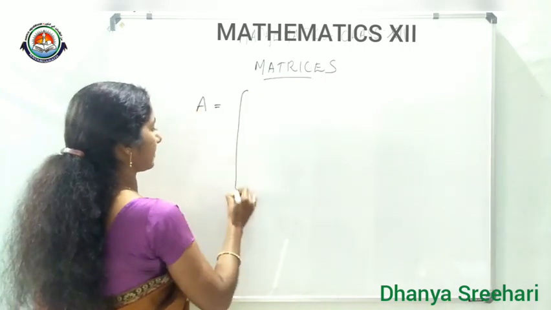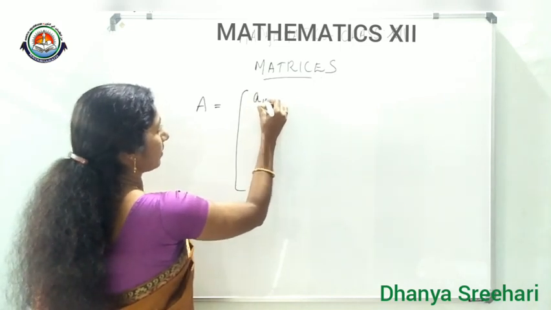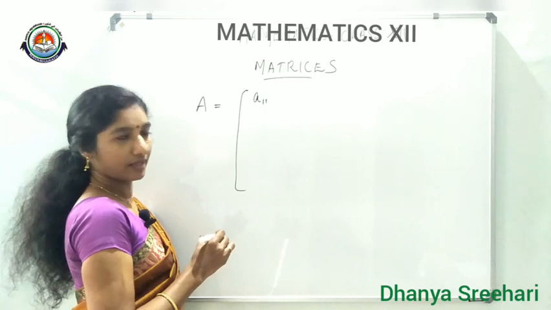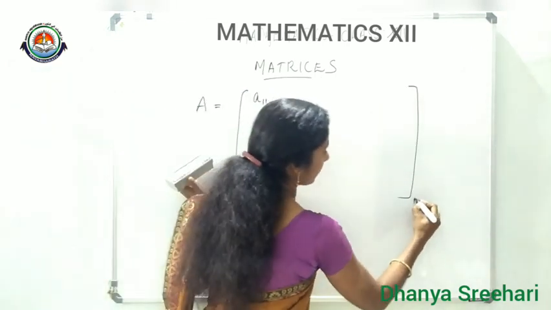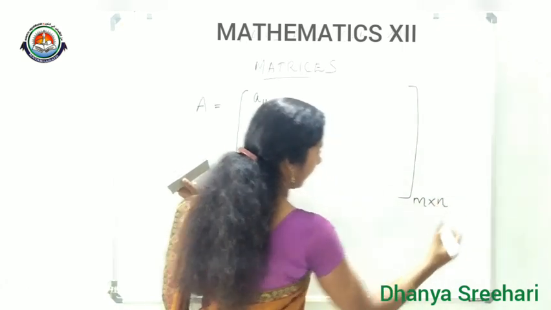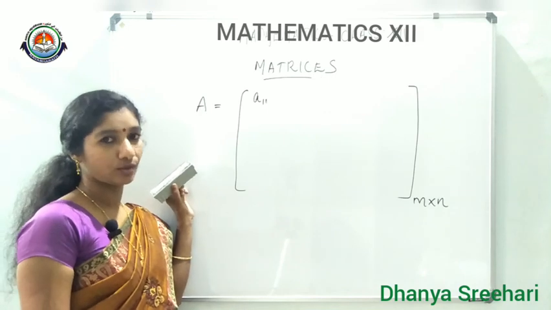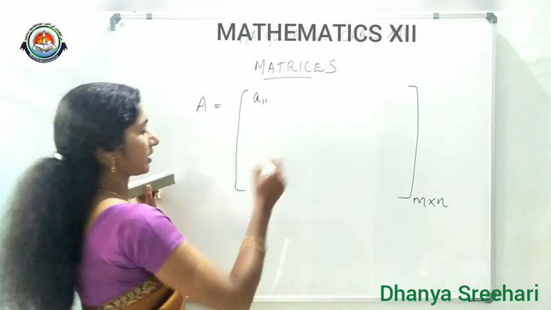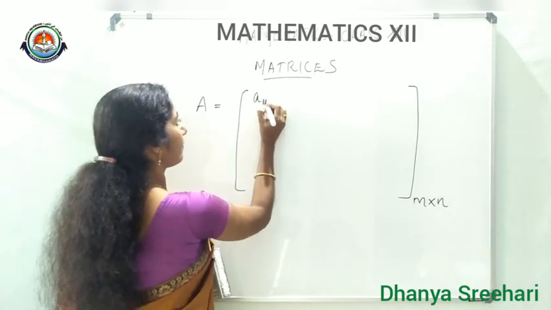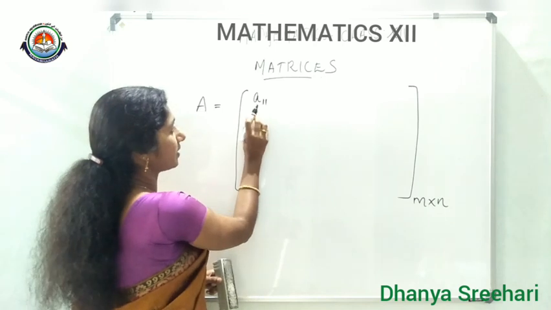Then a matrix A. Generally we can write like this. The elements will come like this. A11. A new notation. A big matrix, and its order is given as M by N. It is given there are M rows and N columns. M by N matrix. In its general form, A11 means first row, first element.